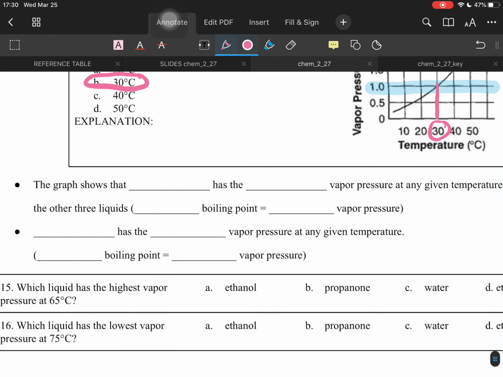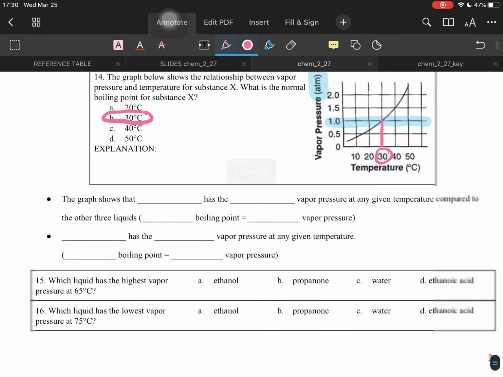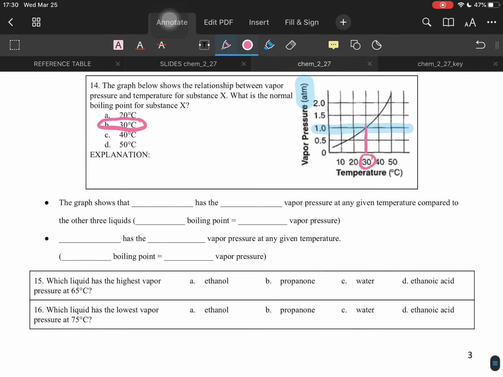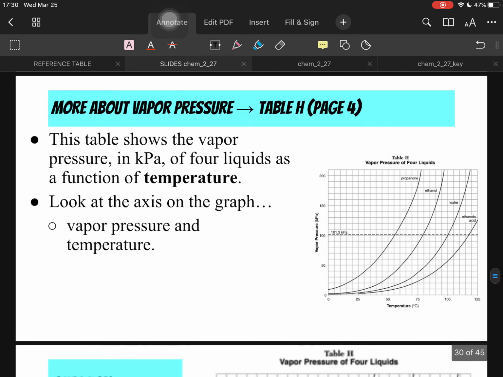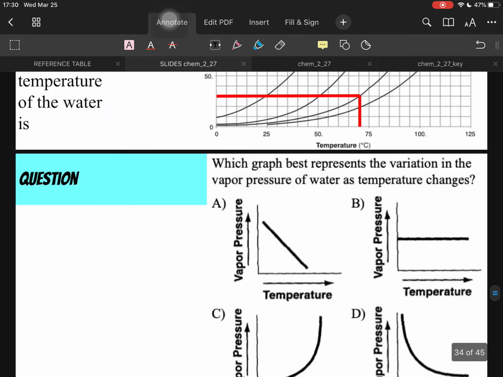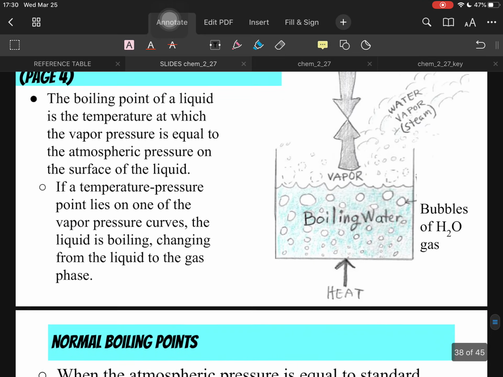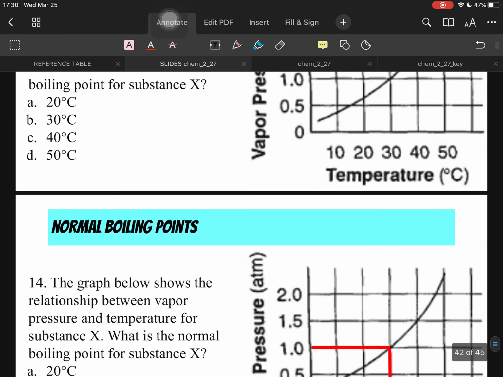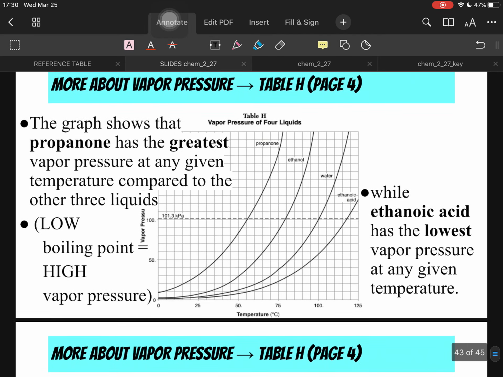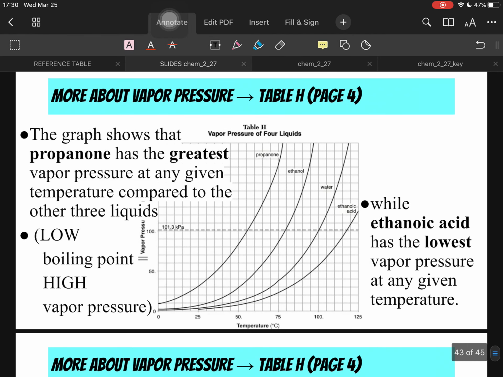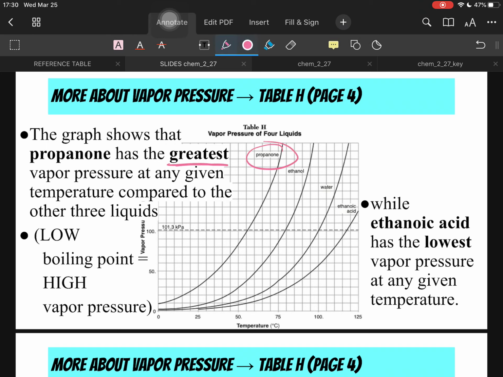Okay, so we want to take a look at comparing the vapor pressure. So if we look here, we show that propanone has the highest, right? Greatest vapor pressure because it has a very low boiling point, right?